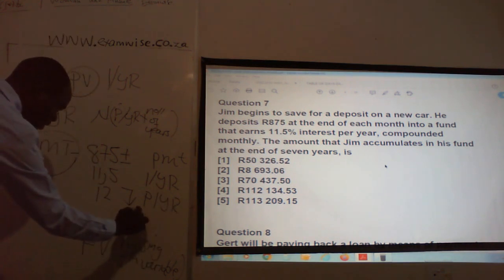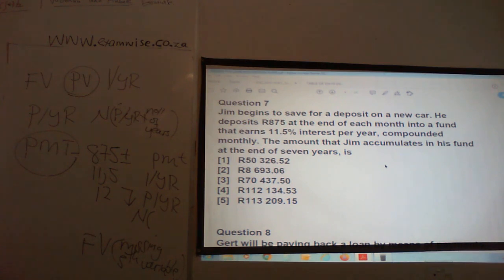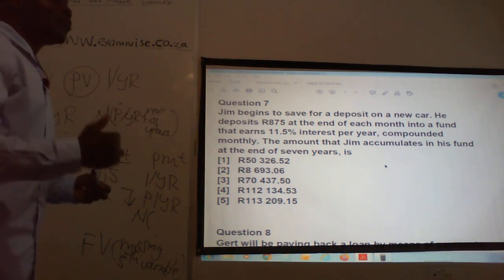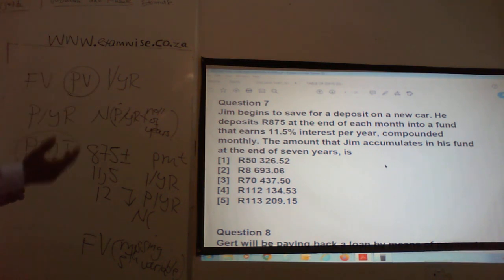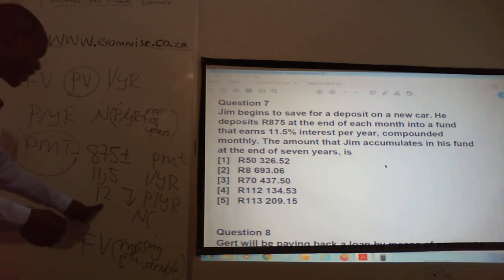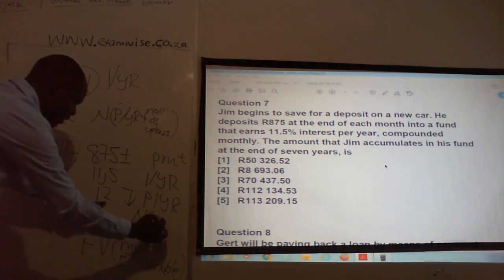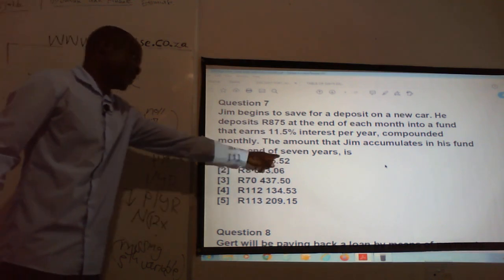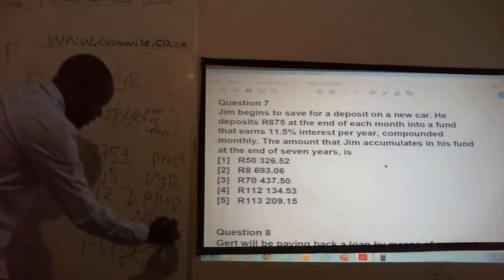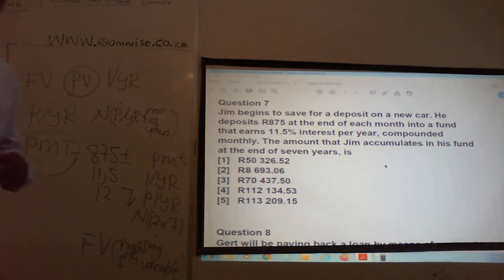Then the last thing to determine here is our N. If you still remember, if interest is compounded more than once per annum, then our N will be the number of compounding periods per annum, which is 12, multiplied by the number of years. Here they said 7 years, so we multiply by 7.